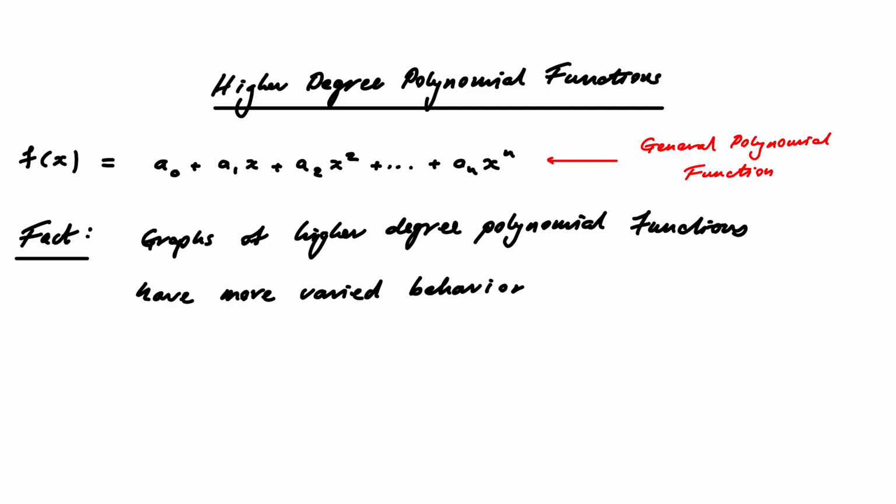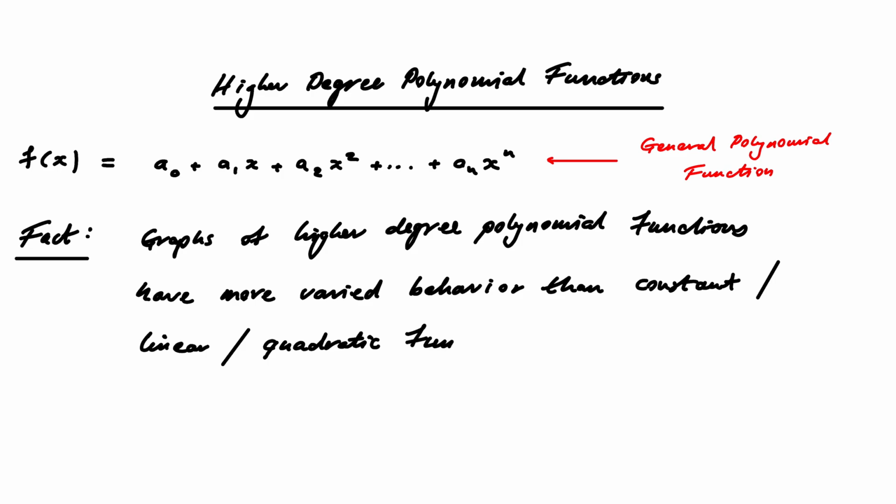So constant, which is just horizontal lines when you do the graphs. Linear, so non-zero slope graphs, or straight lines. And then quadratic, of course, parabolas, which we've looked at in a lot of detail. So they've got a lot more varied behavior.